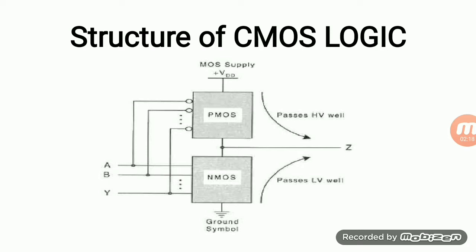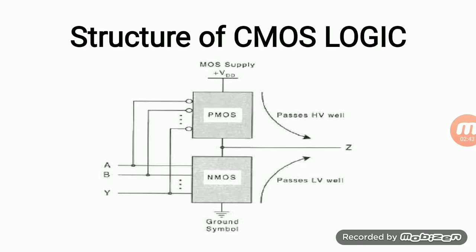Why do we call them the pull-up network and pull-down network? In order to implement any CMOS logic circuit, we follow this structure. Whenever the pull-up network is on, it will pull up the output logic level from 0 to 1. That's why it is called the pull-up network.